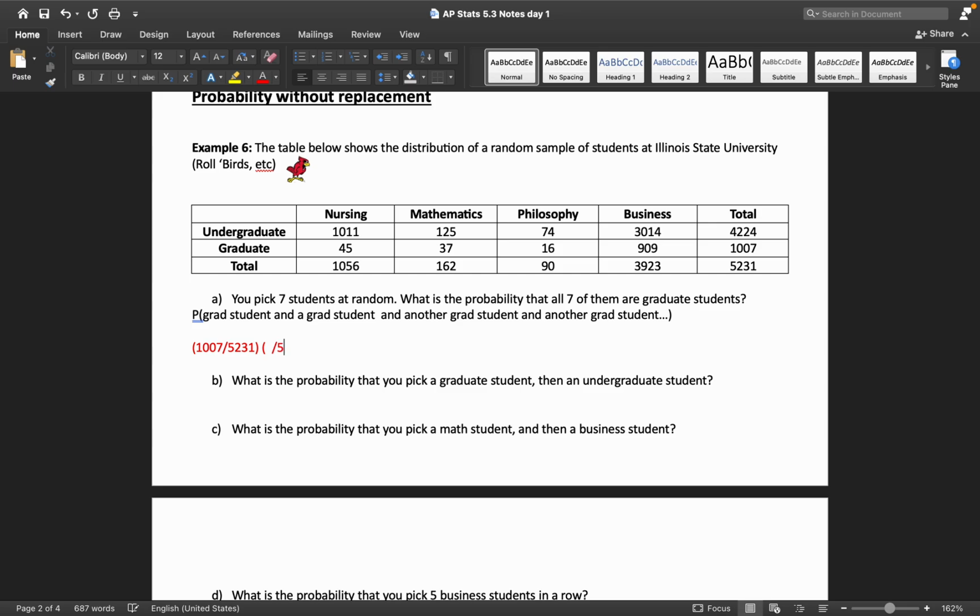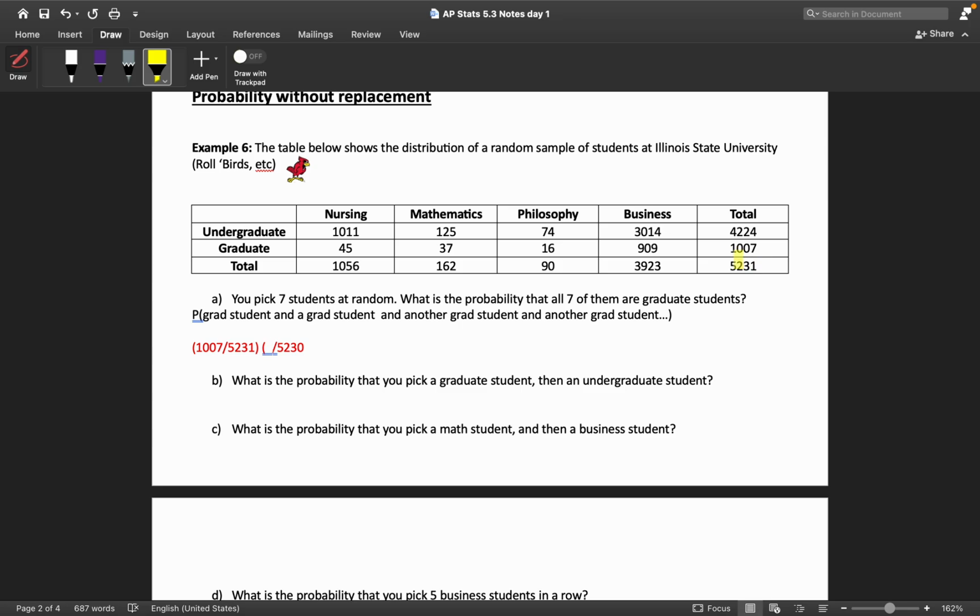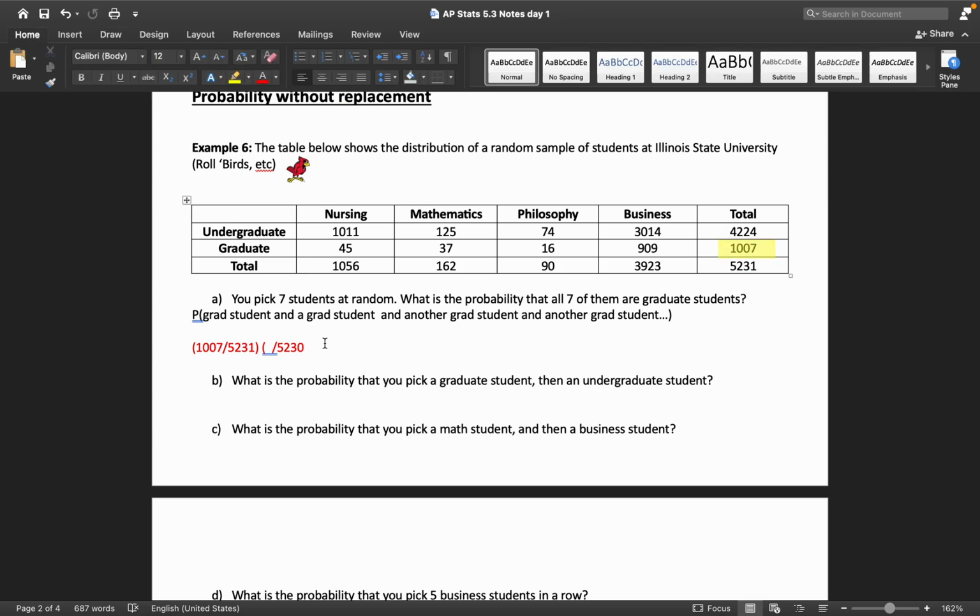So 5,230. I took this first student out, so now there's only 5,230 students left. And if I started with 1,007 grad students, and I took the first one out, I'd only have 1,006 left.